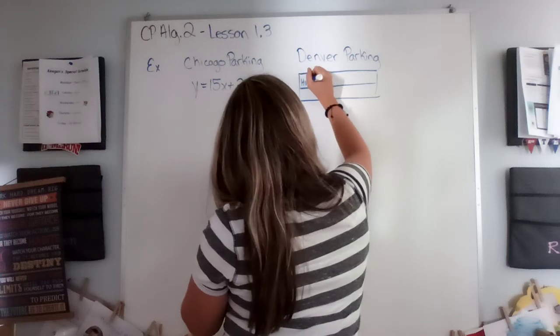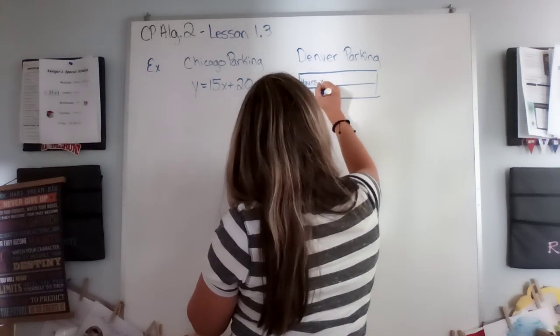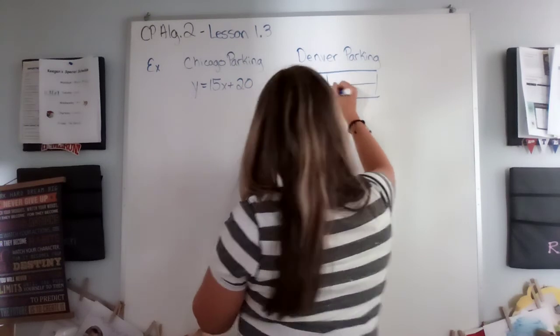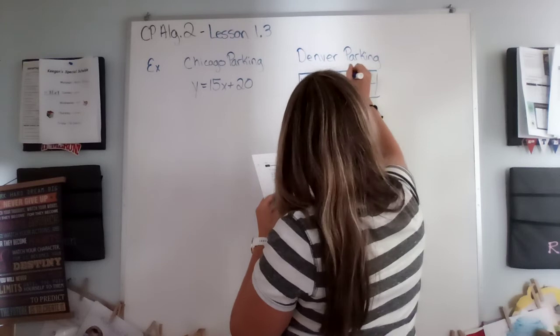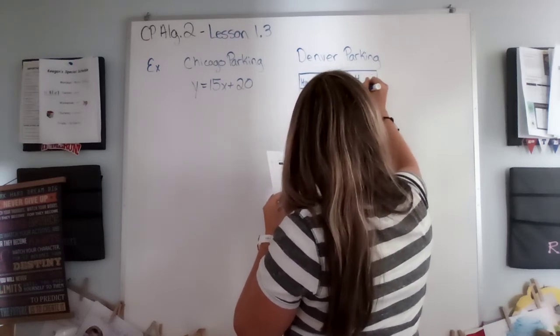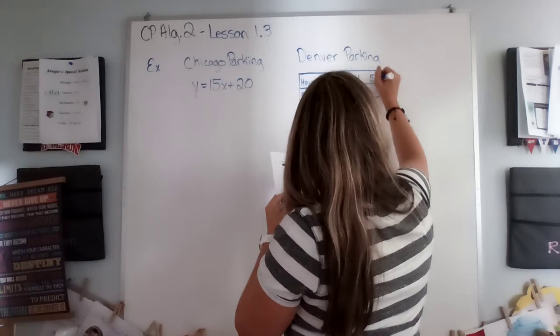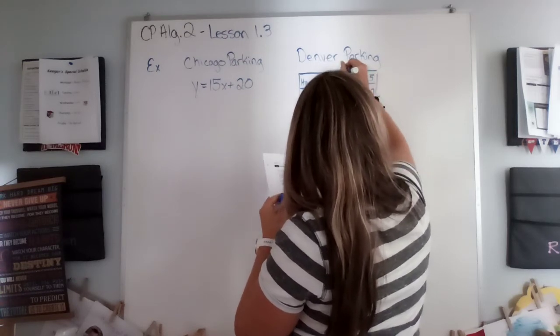So hours, x, cost, y. For 2 hours, it costs $45. For 3 hours, it costs $51. For 4 hours, it costs $59. And for 5 hours, it costs $67.